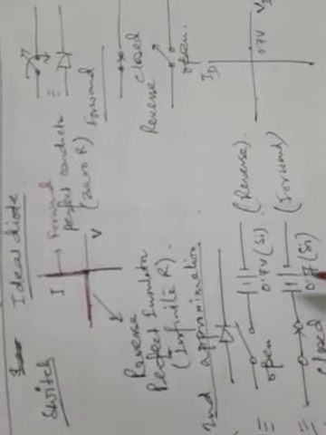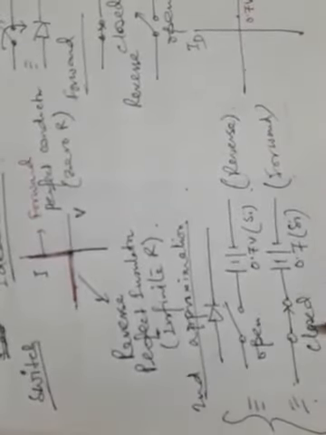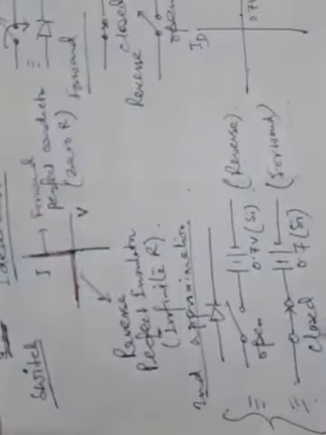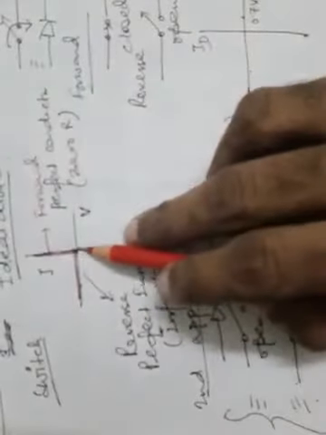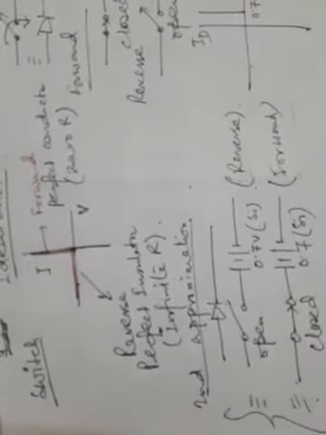Since the diode is ideal as well as incorporated with second approximation, that is this 0.7 volt inside it, for forward bias the diode is conducting heavily like this. But unlike the ideal diode which grazes from the origin, here it will start grazing from 0.7 volt, considering the 0.7 volt during forward bias.